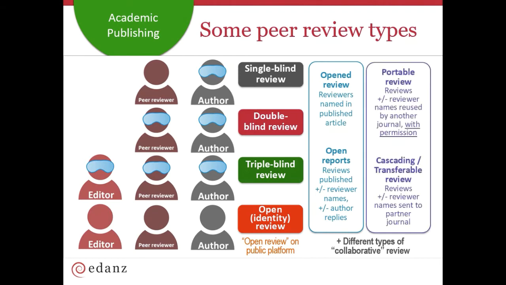Portable review is where the peer review reports of a rejected paper can be passed to another journal, and cascading or transferable review is where the rejecting journal directly passes the reviews to a partner journal to save time. Check the website of your chosen journal to understand what type of peer review it uses.